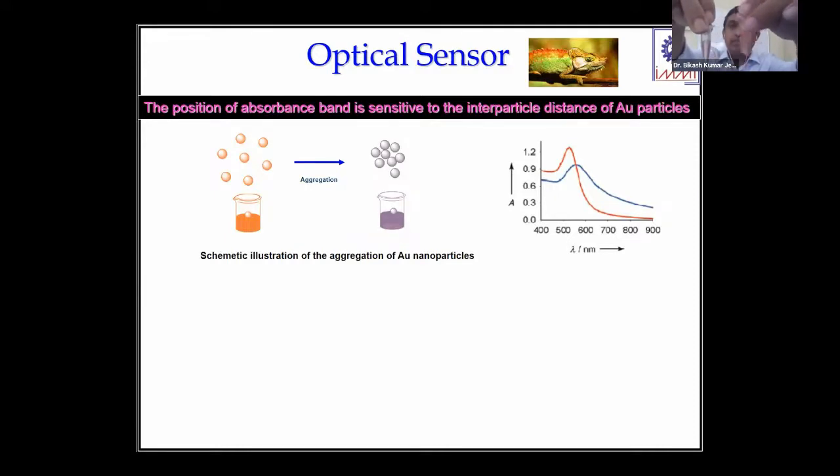The interparticle distance between the nanoparticles was more, and when you add some other molecule, the interparticle distance is decreasing. Because of this change in interparticle distance, the color of the nanoparticle changes, and that is reflected in the change in absorbance as well as wavelength.